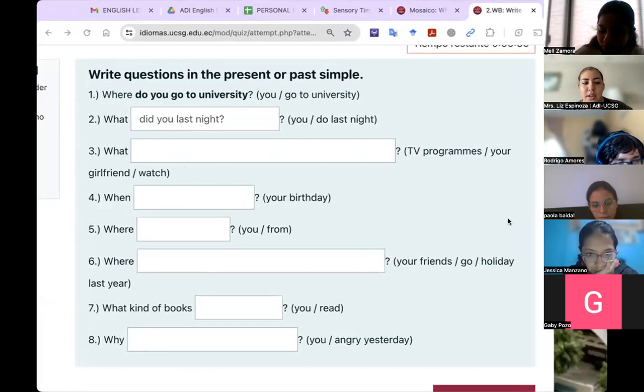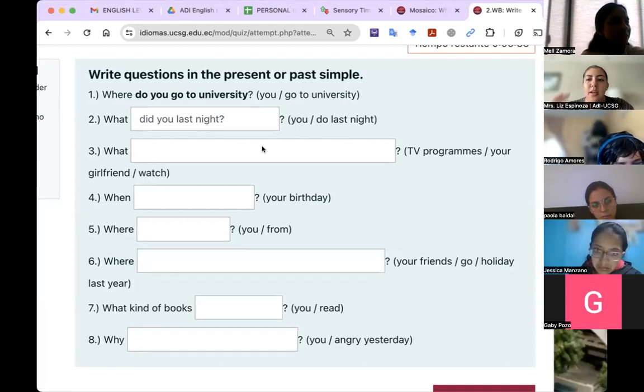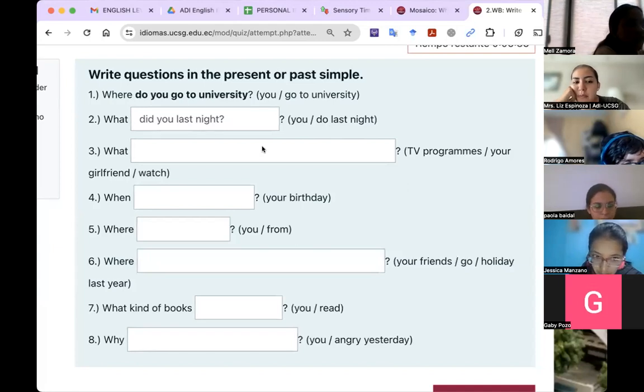Let's do number 3 together and then you'll do it, okay? So, it says what, so it's asking for a thing, remember. What, then, which, what is the thing I'm asking? The thing, the object, or what I am referring to? Am I referring to your girlfriend? What, your girlfriend? No, right? Your girlfriend is not a thing.